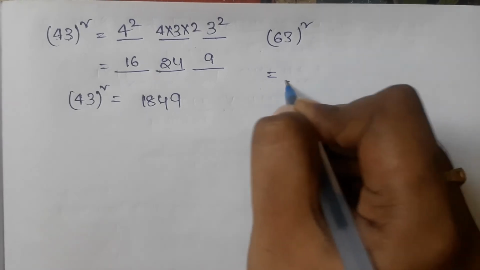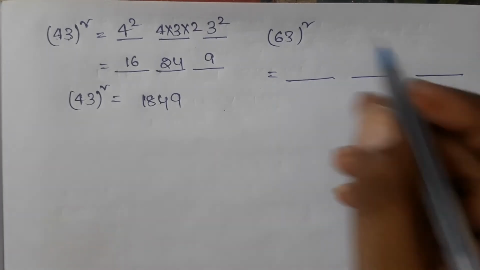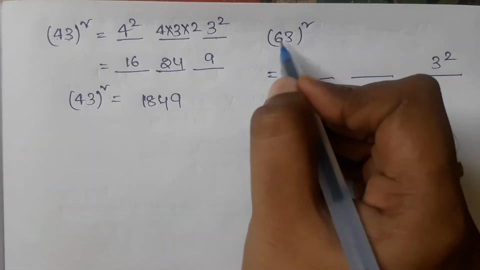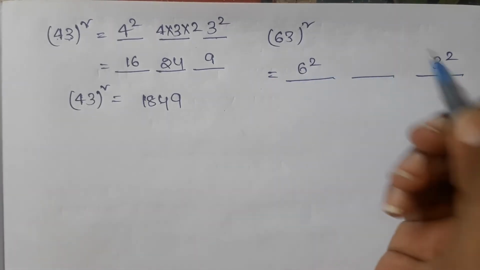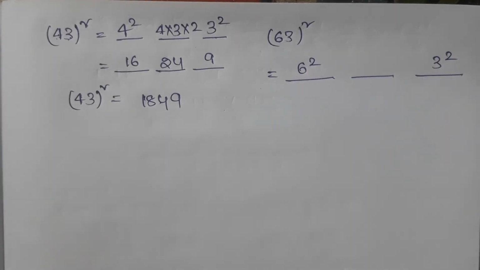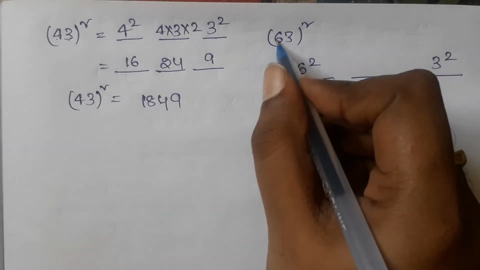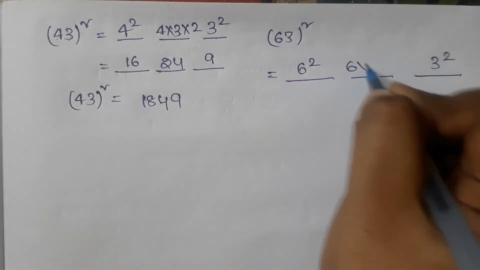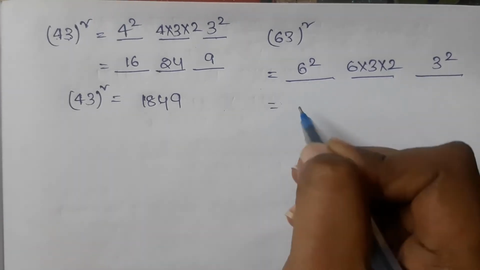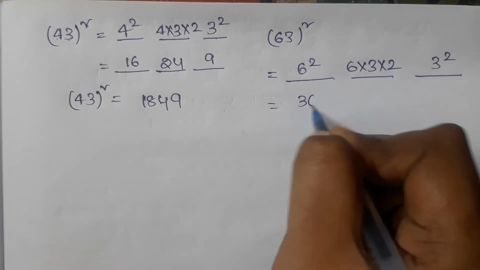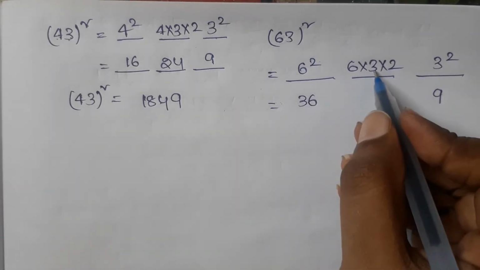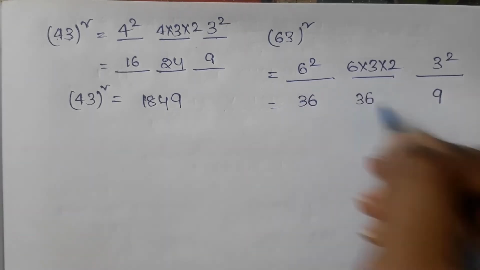Here in the units place we have 3 square, and in the tens place 6 square, and the middle part is 6 into 3 into 2. 6 square is 36, 3 square is 9, and 6 threes are 18, 18 into 2, 36.